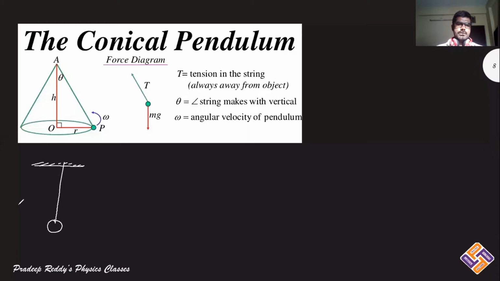If you pull this pendulum upward and leave it, it oscillates in a vertical path. It goes to some height and then comes back to the mean position, again and again. This is how a simple pendulum usually behaves.